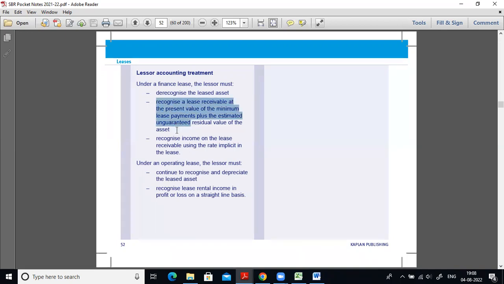Estimated unguaranteed residual value, in the sense of what you understood with the statement.